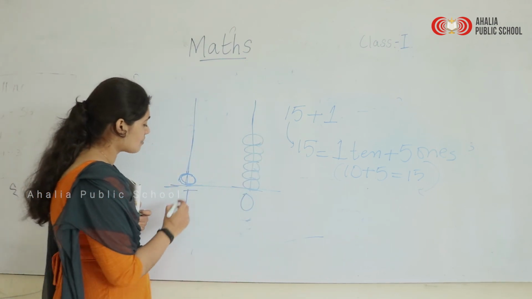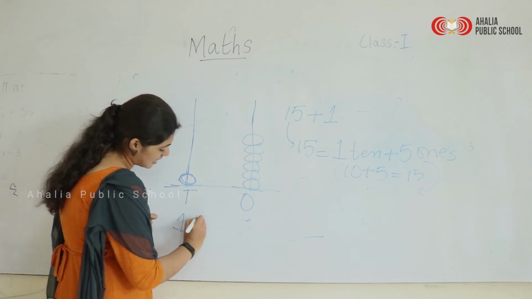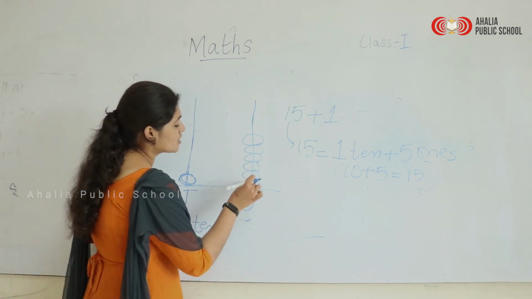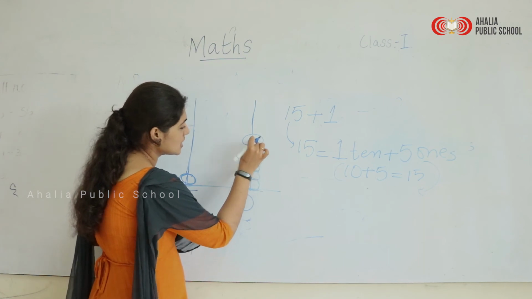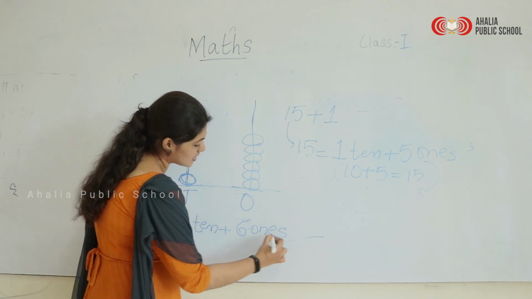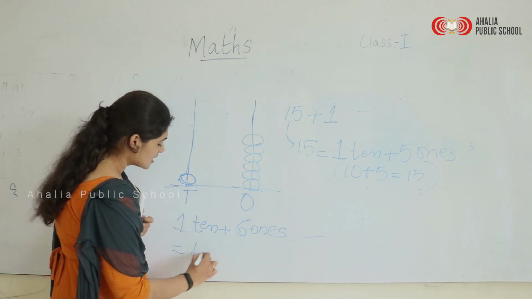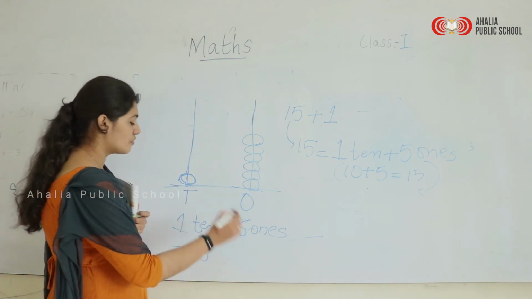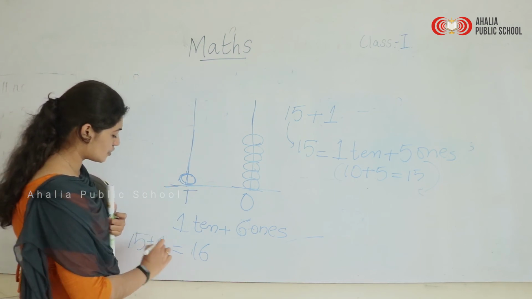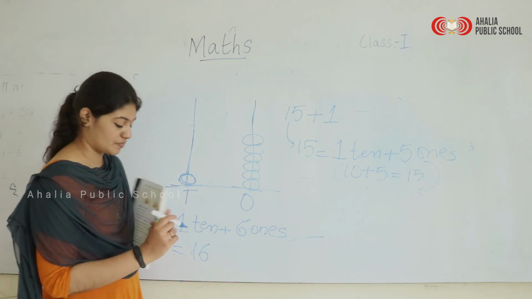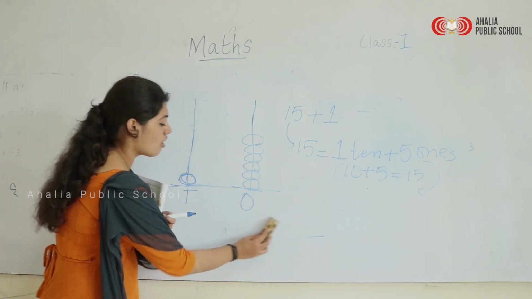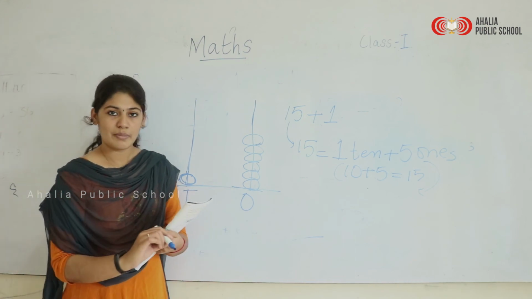So now count the numbers. 1 ten is there. 1 ten plus how many ones, please? 1, 2, 3, 4, 5, 6. 6 ones. So 1 ten plus 6 ones gives the number 16. So 15 plus 1 equals 16. Okay. That is about addition on abacus.